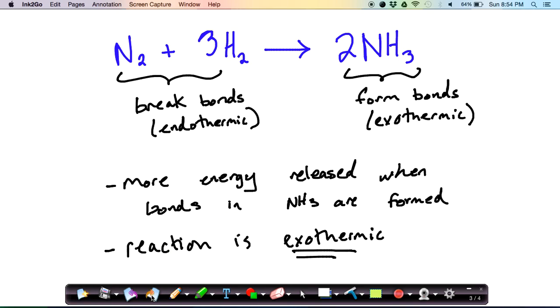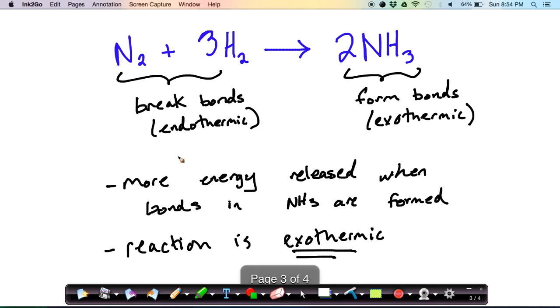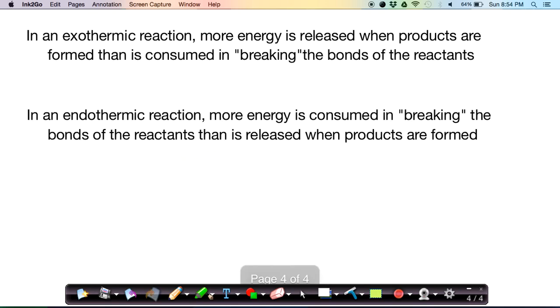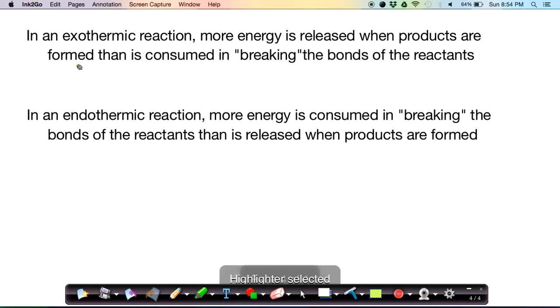So just real quick to finish up, we see that in an exothermic reaction, which again, that's what we had here with our example, more energy is released when the products are formed than is consumed in breaking the bonds of the reactants.